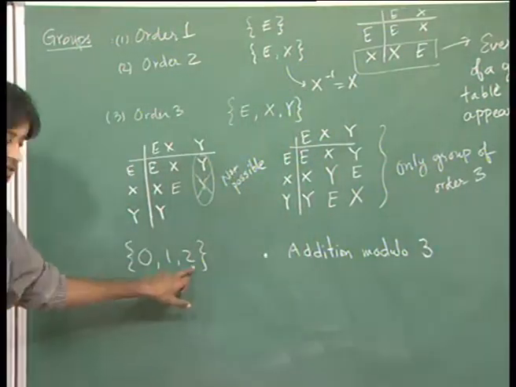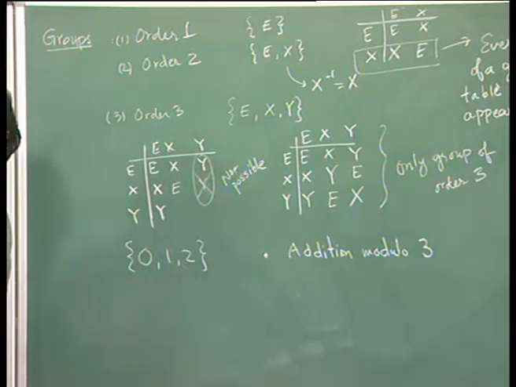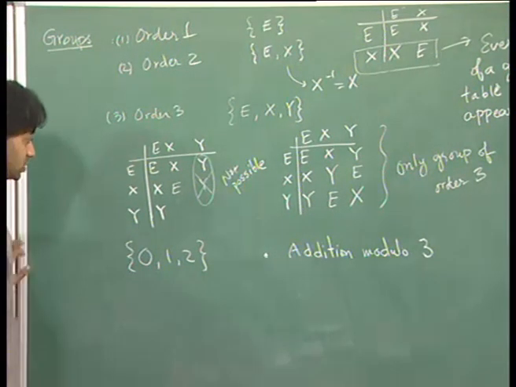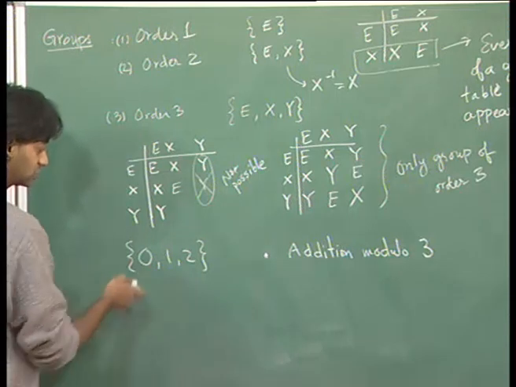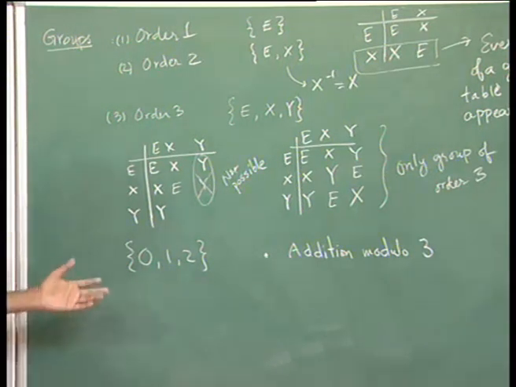That means add the two numbers, divide by 3 and take the remainder. Then this is also a group of order 3. We just saw that this is a group. So why do you say that? But this argument said that there is only one group of order 3. So what is the connection?